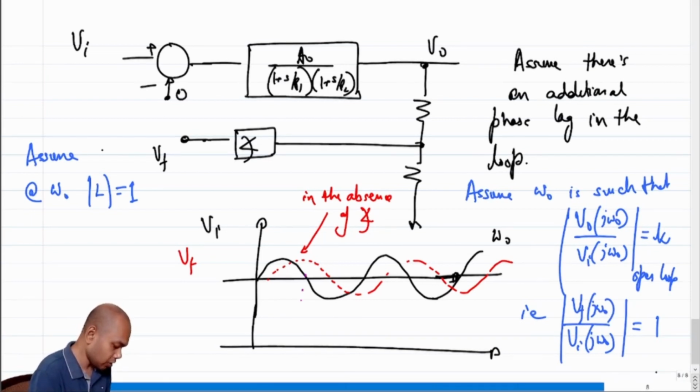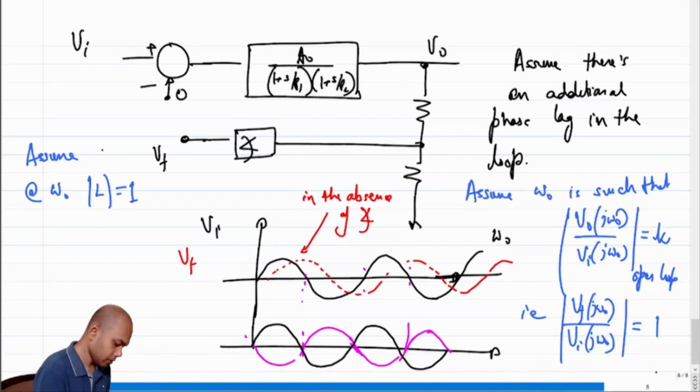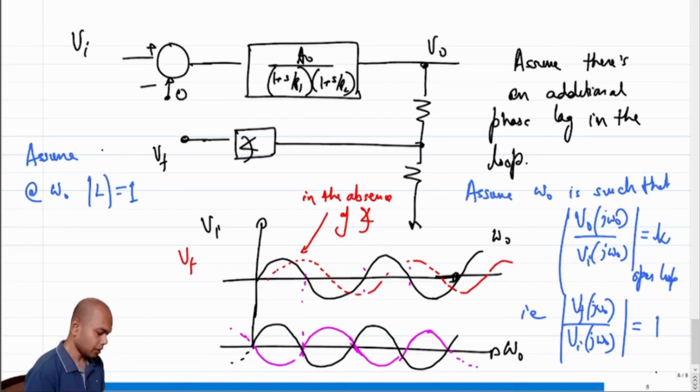So let's say in the presence of this extra phase delay, this becomes the Vf. This is Vi. Correct? So let's assume this becomes Vf. So what's going to happen?